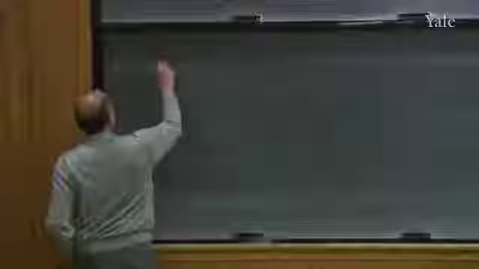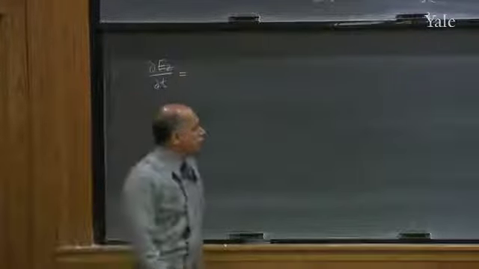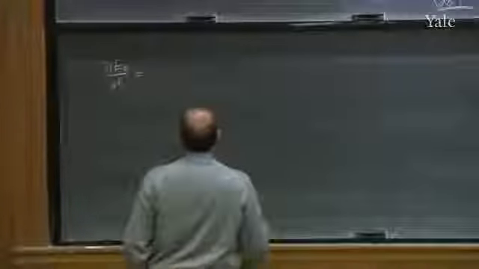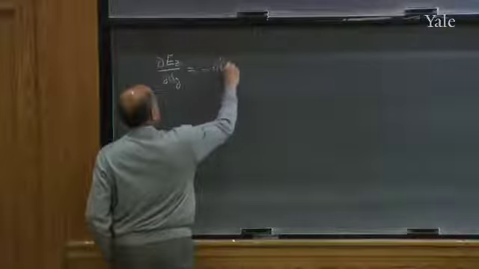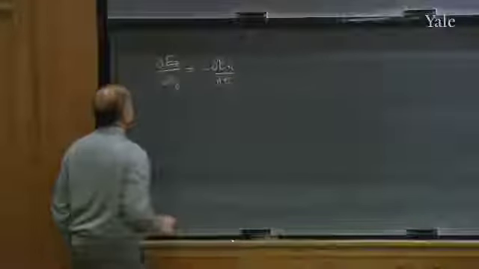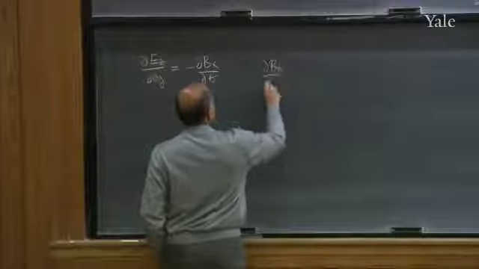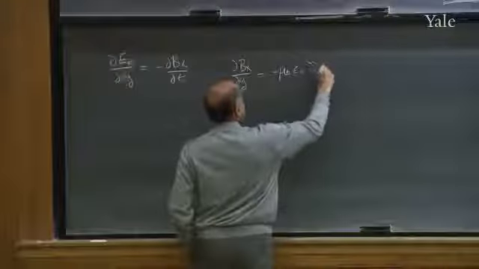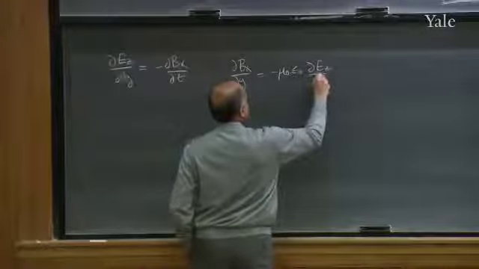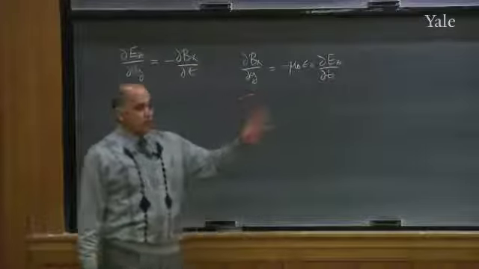So I got dEz dy is minus dBx dt. And you'll get another equation, dBx dy is equal to minus mu 0 epsilon 0 dEz dt.